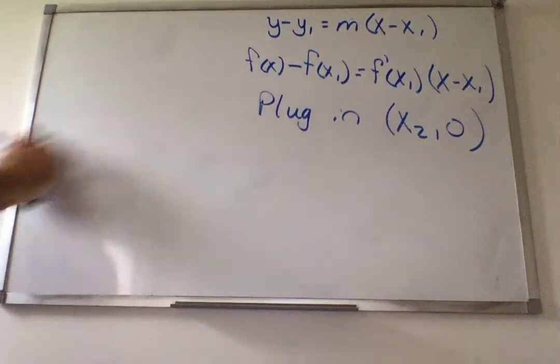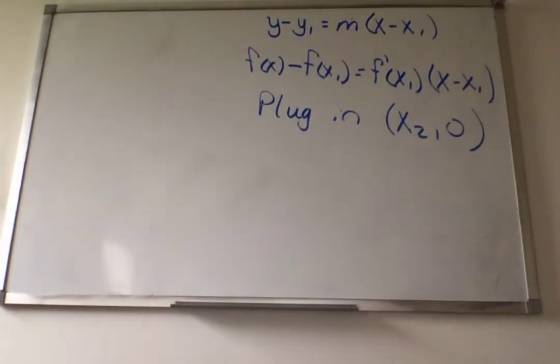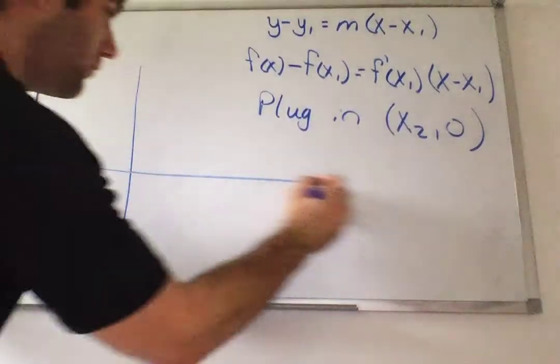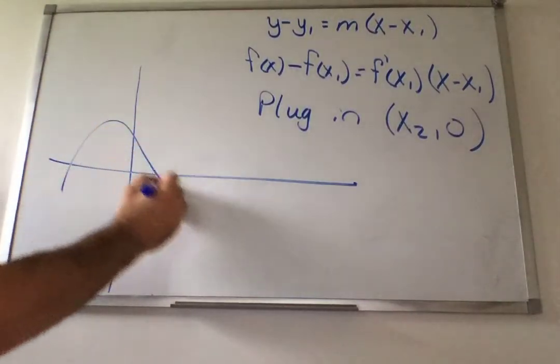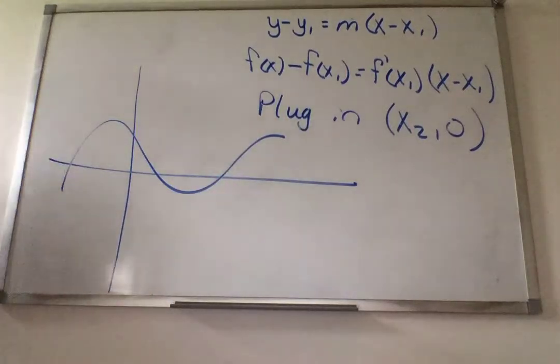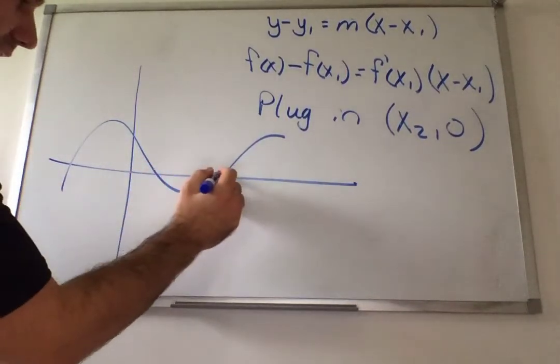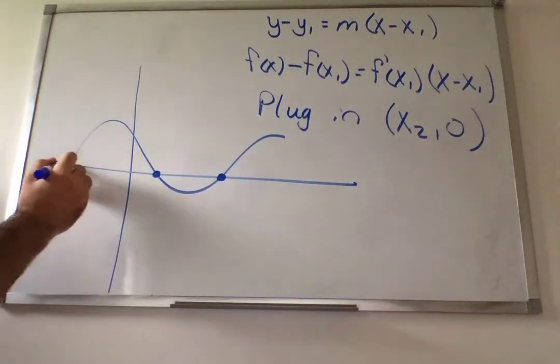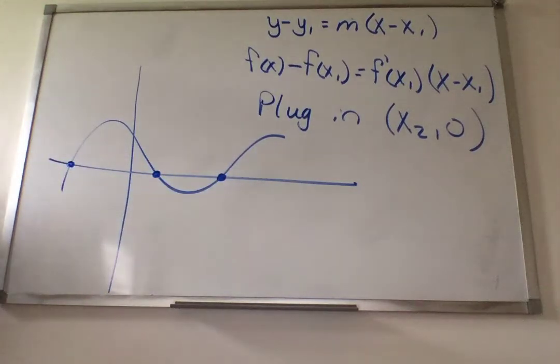I'm going to draw you a picture. Say I have some function. It doesn't matter what the function is. As you can see, it has a 0 right there, a 0 right there, and a 0 right there.